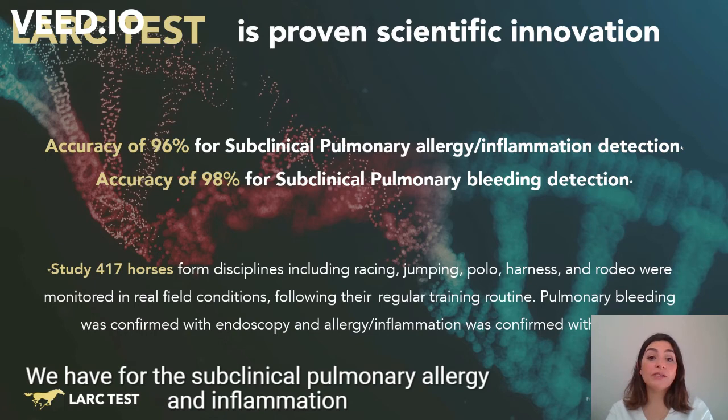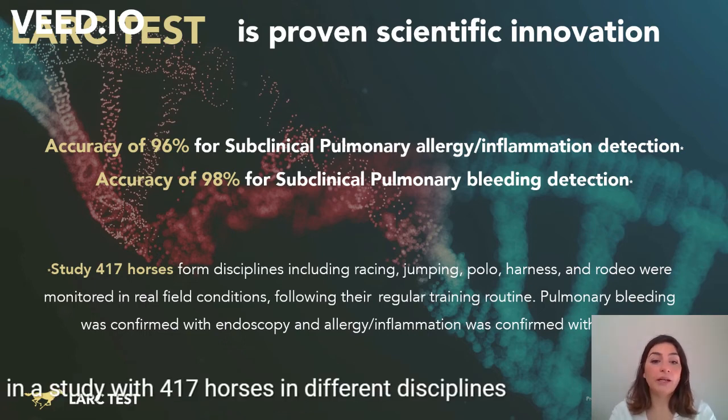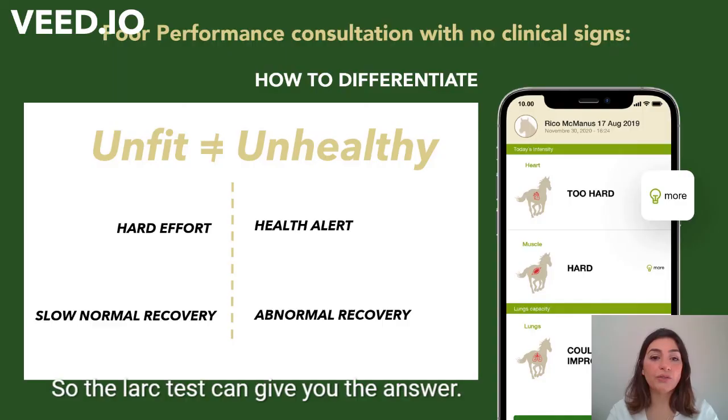We have an accuracy of 96% for subclinical pulmonary allergy and inflammation detection, and 99% for subclinical pulmonary bleeding, in a study with 417 horses in different disciplines and real conditions.